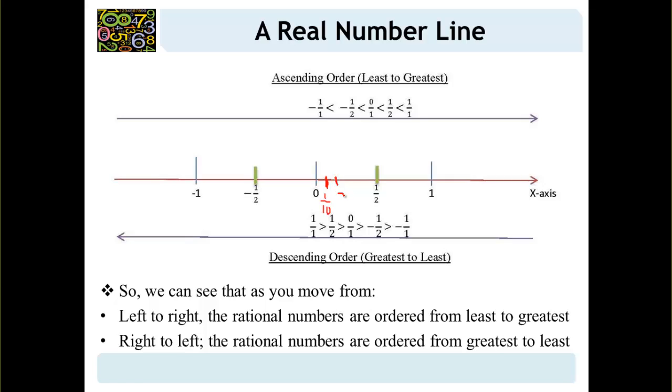Here you have 2 out of 10, which is 1 out of 5. Here you have 3 out of 10. Here you have 5 out of 10, which is 1/2. Let me just write it on top, which is 1/2. Here you have 6 out of 10. Here you have 7 out of 10. You have 8 out of 10, 9 out of 10, and then 10 out of 10.